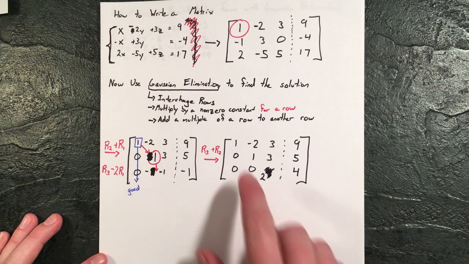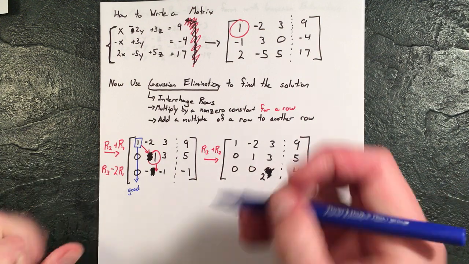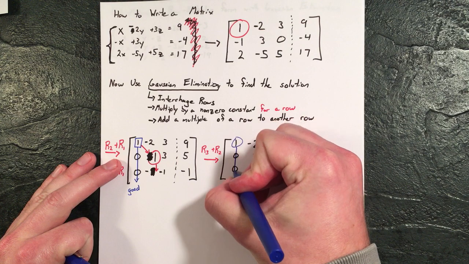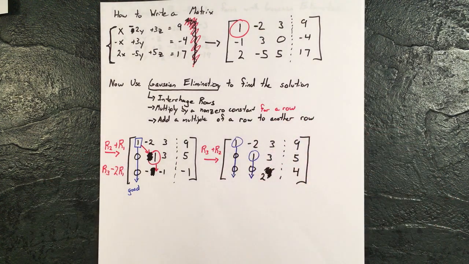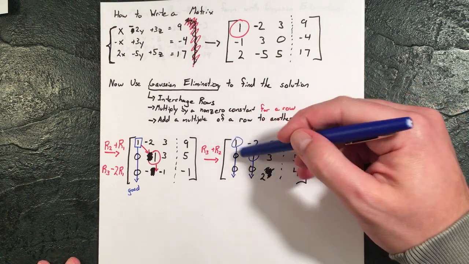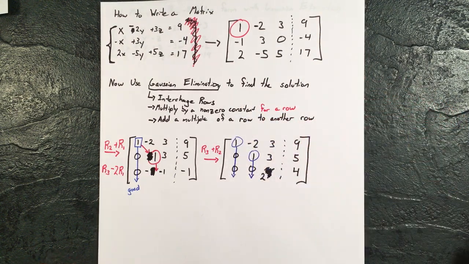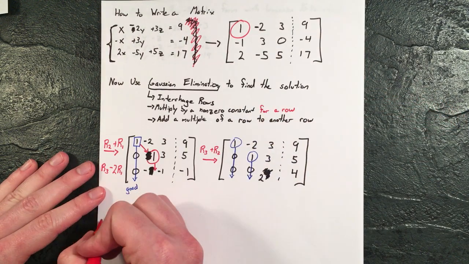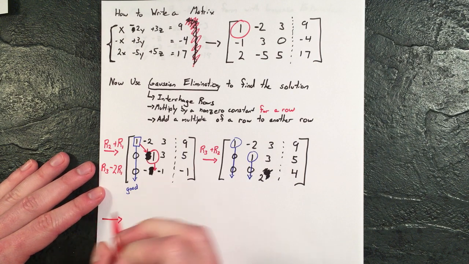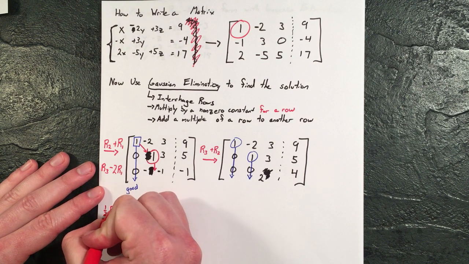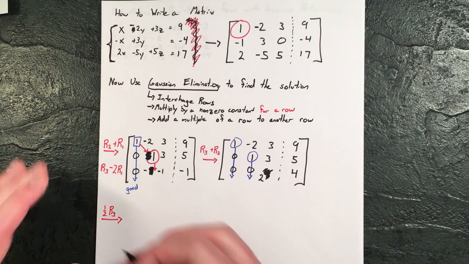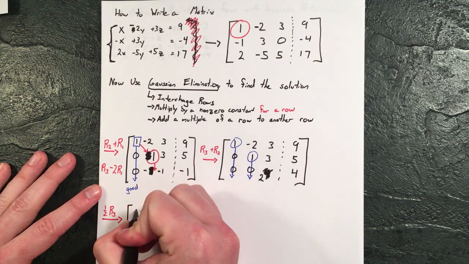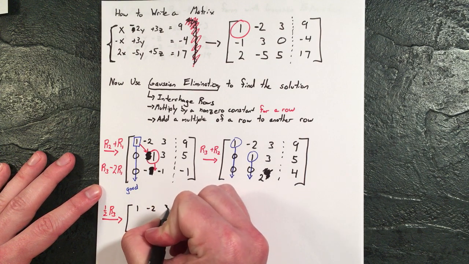And the very last thing we want, notice we're good here. 1 and 0's below it. We have a 1 here, 0's below it. That means we would like a 1 in this next kind of diagonal spot, that 2. How to make that 2 into a 1 is we can do half of row 3. So that means the first 2 are staying the same.